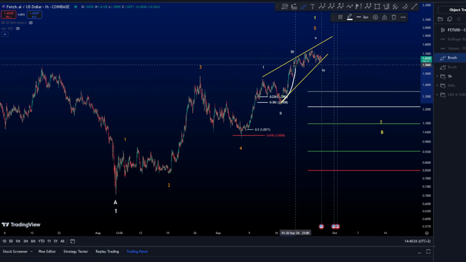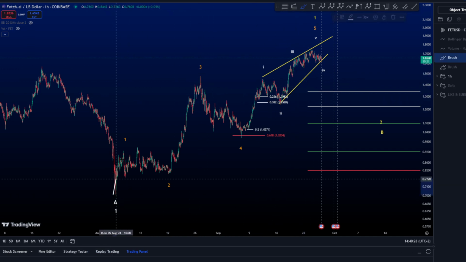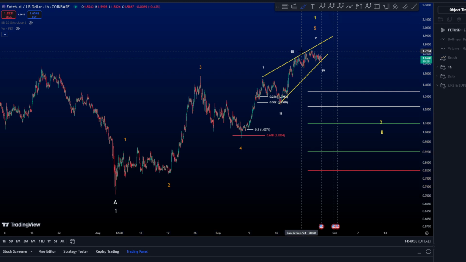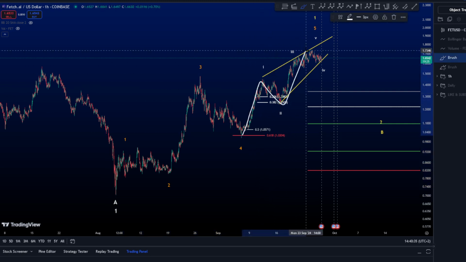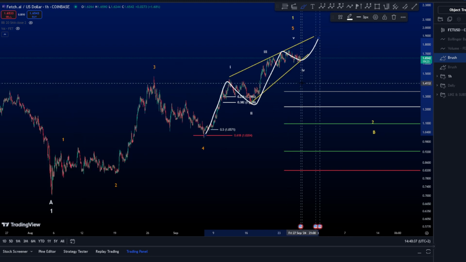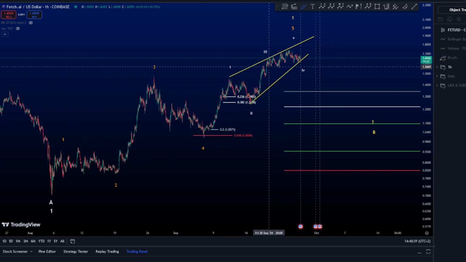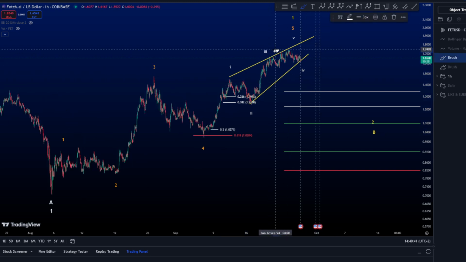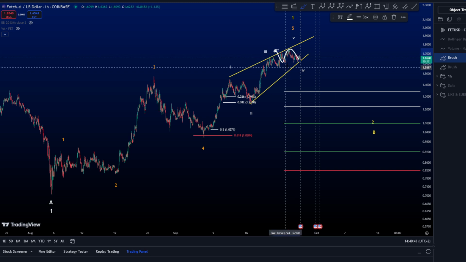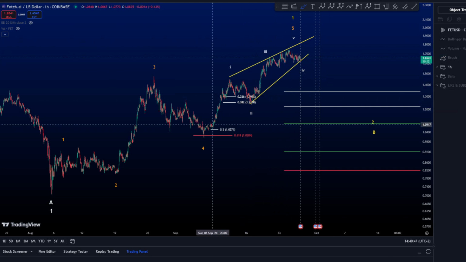Once we reached a higher high than this one, then we got a 1, 2, 3, 4, 5. That is a perfect scenario for an impulse. Your wave 5 is finishing with an ending diagonal, as explained also in the last video. We were exactly here, and we were talking that we're going to have a wave 4 exactly in this pattern, and this is exactly what has worked.